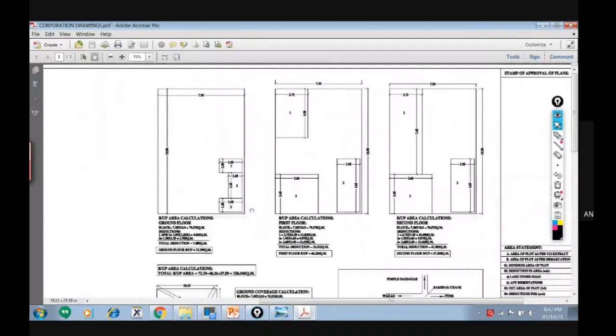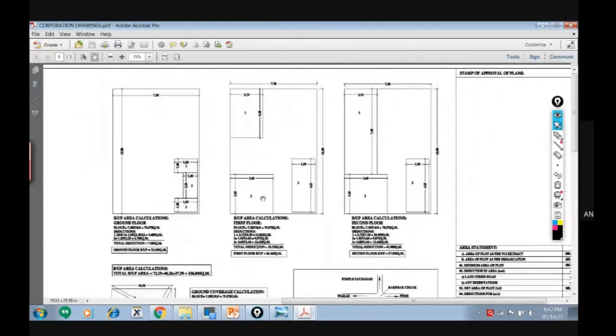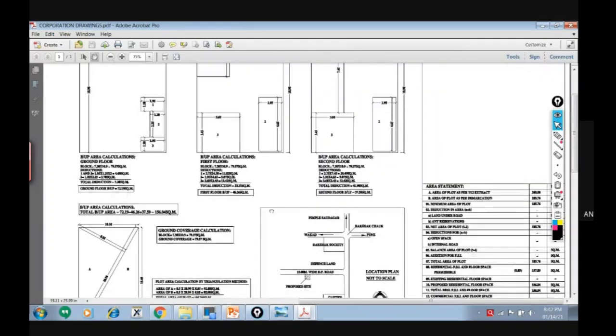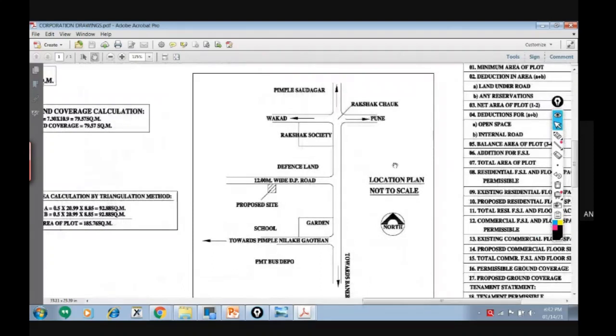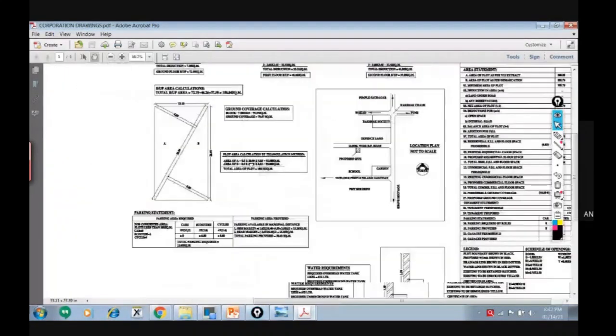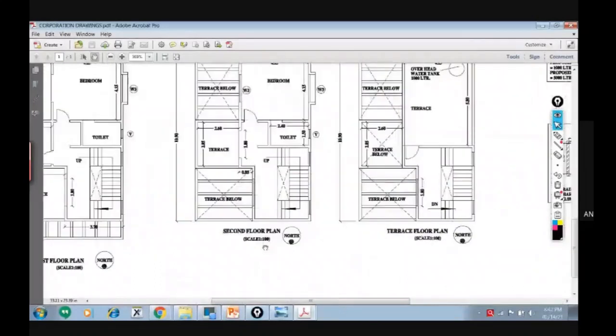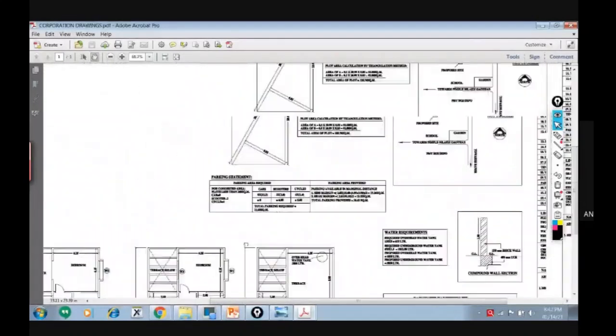Only rectangles and triangles, and we can calculate the area, the plot area or built-up area. There is a site layout, site location, we can say, location plan. Key plan. Generally, it is not to scale because we cannot draw it to scale actually. So there are some drawings which are given to scale, and some which are not to scale.